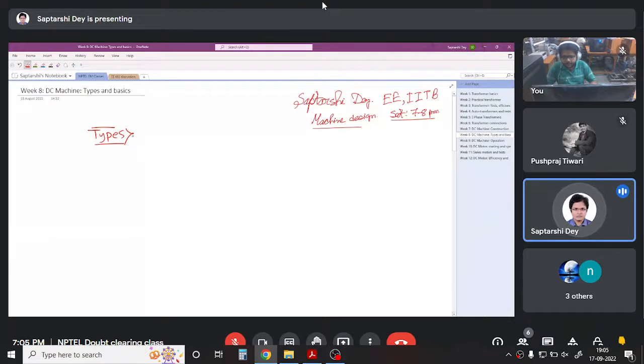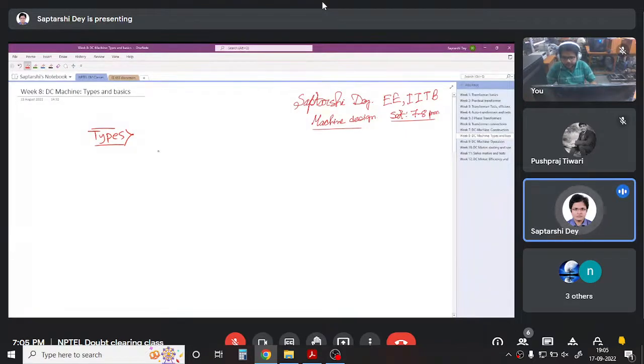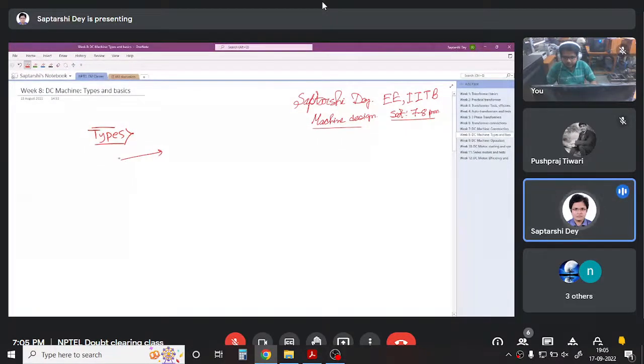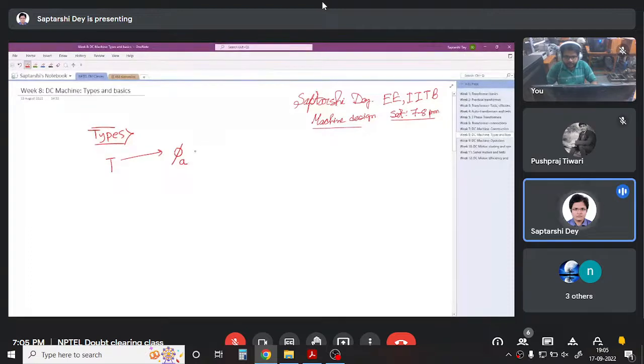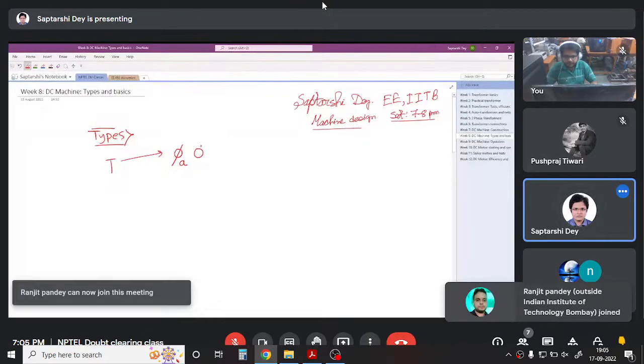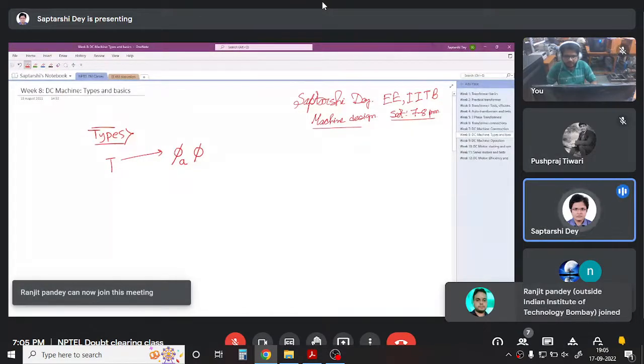Last time I discussed that to generate torque from any electric machine, you need two things. Basically, there is an interaction between two fields. One is the armature field, or armature flux, and the other one is the flux created by the field winding.